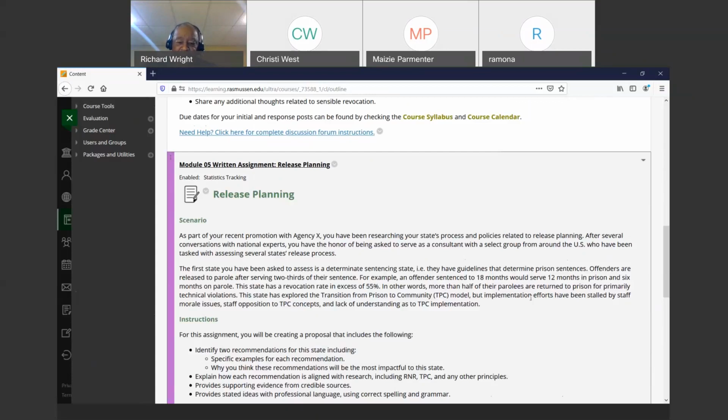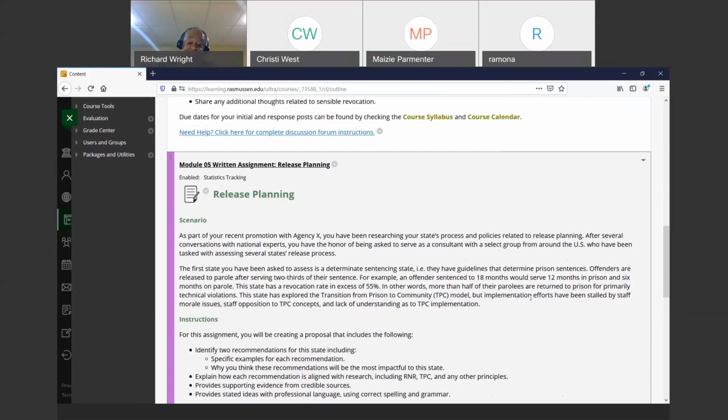So the state explored the TPC, which stands for, excuse me, from prison to community, which is what I've been talking about, and the implementation of things that need to be done to make this more successful and so forth.